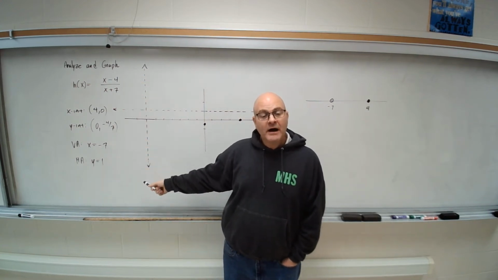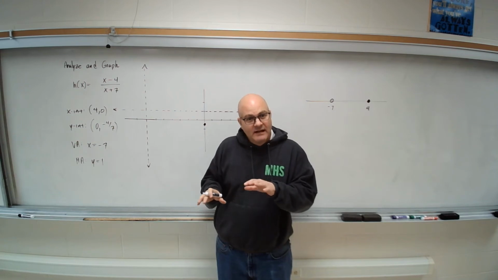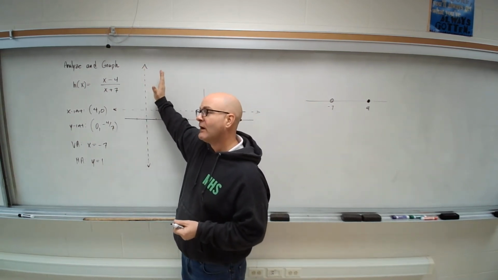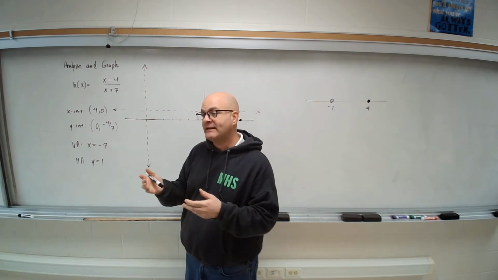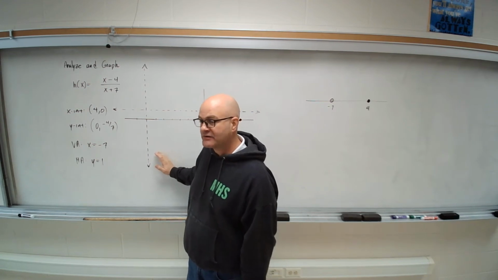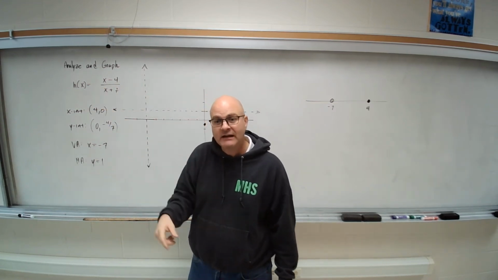But parts of it will be continuous. When you go from one side of a vertical asymptote to another, there's going to be a discontinuity. It could be up here and then jump down here, or vice versa. We don't know, so we have to test either side of it to see what's actually happening.